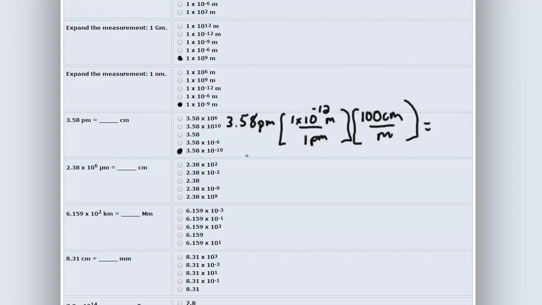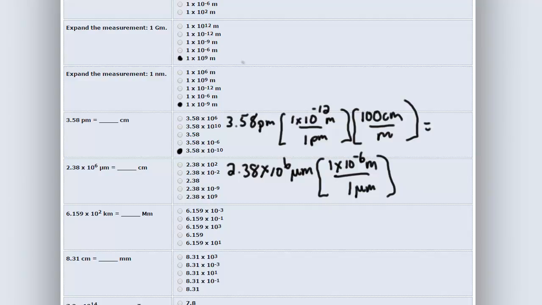So 2.38 times 10 to the 6th, and that's micrometers. And so there are 1 times 10 to the negative 6 meters in 1 micrometer. And so we want to go to centimeters.